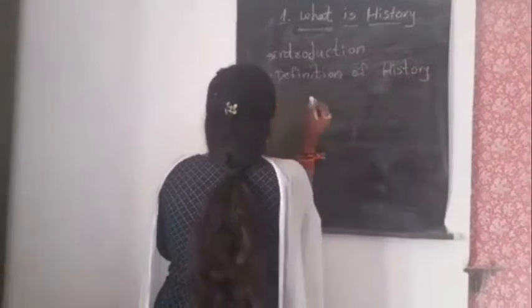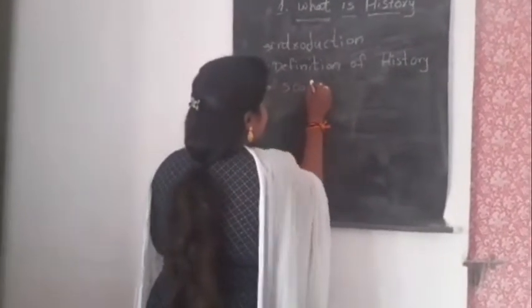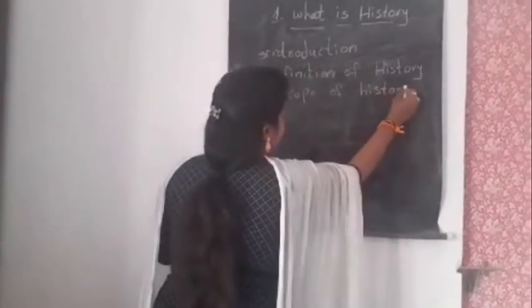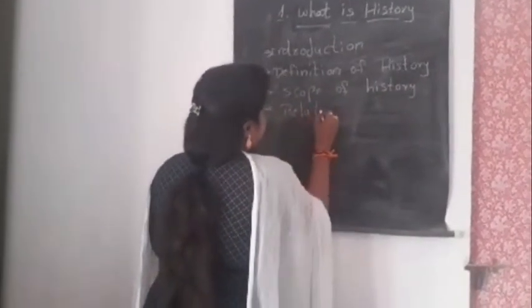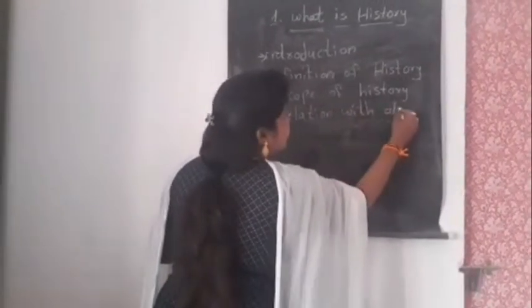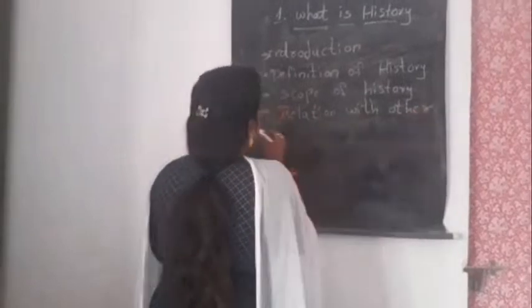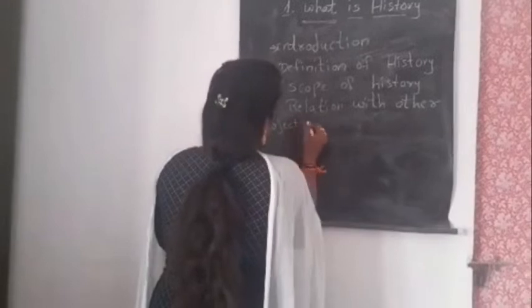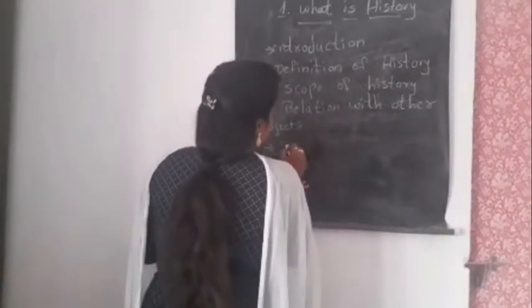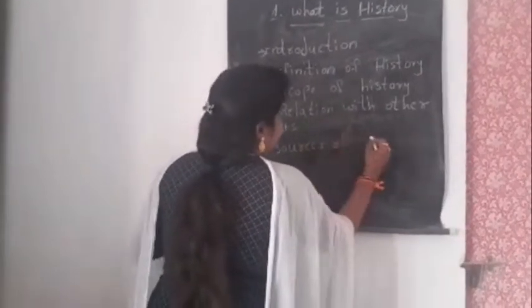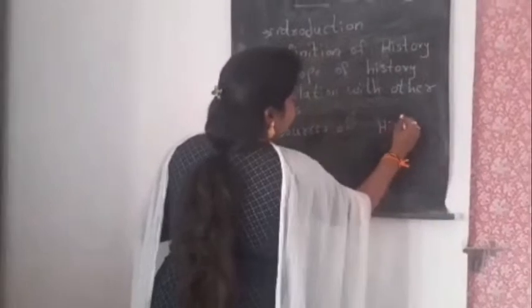Third, scope of history. Fourth, relation with other subjects. And fifth, sources of history.